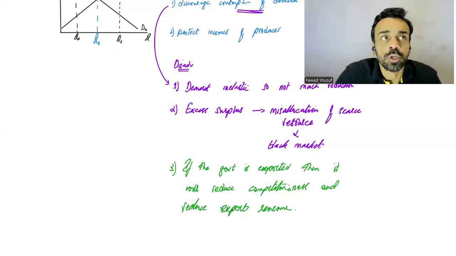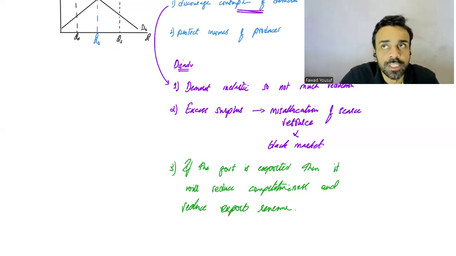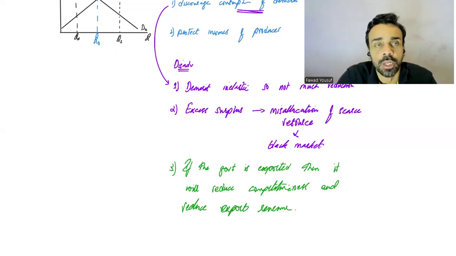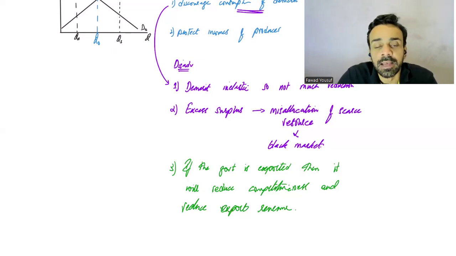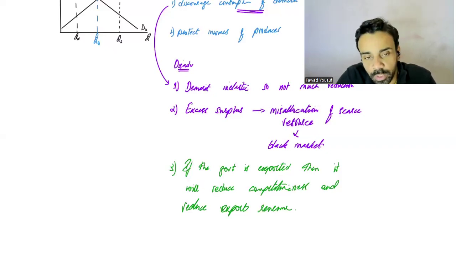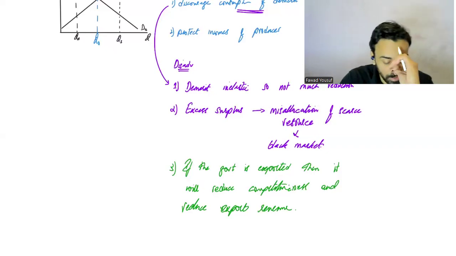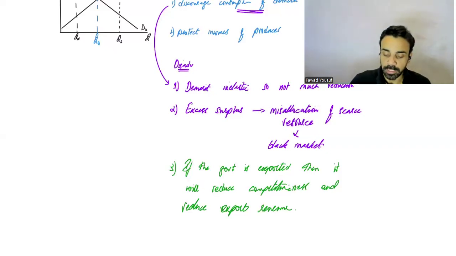Whenever you say export will rise, export will fall, that doesn't mean anything. We're not going to give you the mark. If you just write export and import, you need to make clarity on whether you're talking in terms of volume, price, or revenue. Yani quantity, price, or revenue. Okay? इसको independently ऐसे मत लिखना.